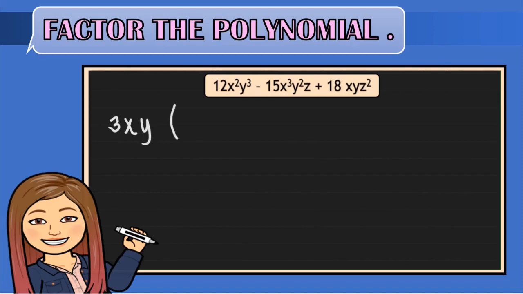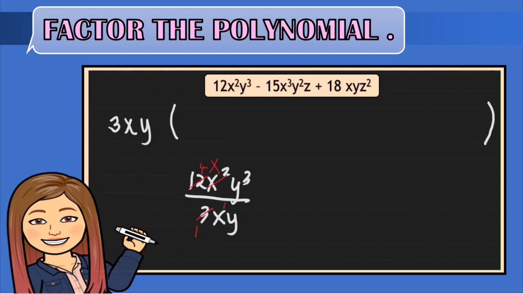So let's have the parentheses for the quotient. So let's divide 12x squared y cubed with the GCMF 3xy. 12 divided by 3 is 4. 3 divided by 3 is 1. X squared divided by x is x.